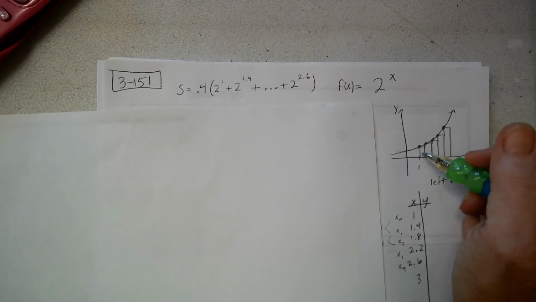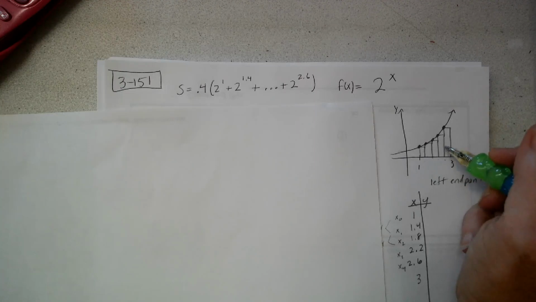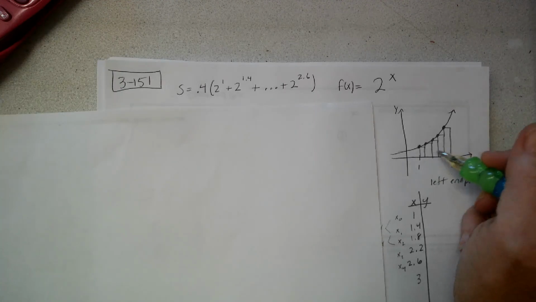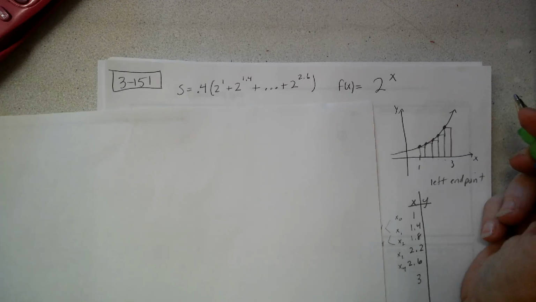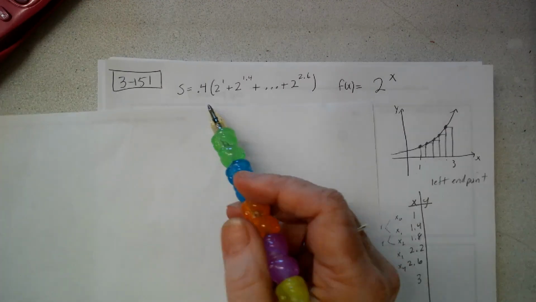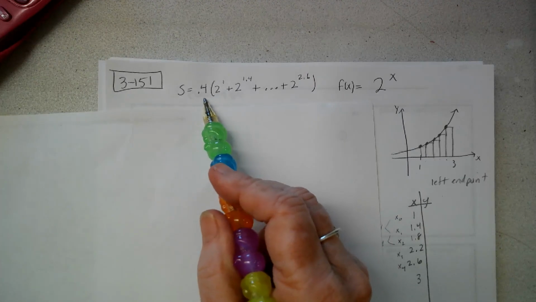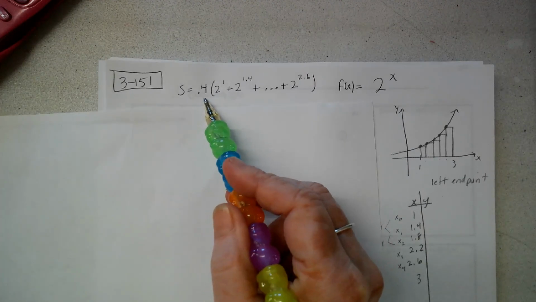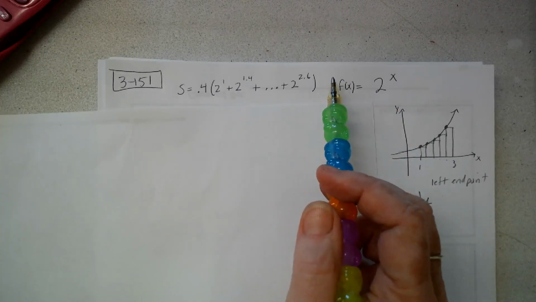Instead of going height times width, and then height times width, and height times width, 5 times, or however many times you need to, it's easier to just add up all the heights and then multiply by the width. So we should know by now that this is the width of the rectangles.